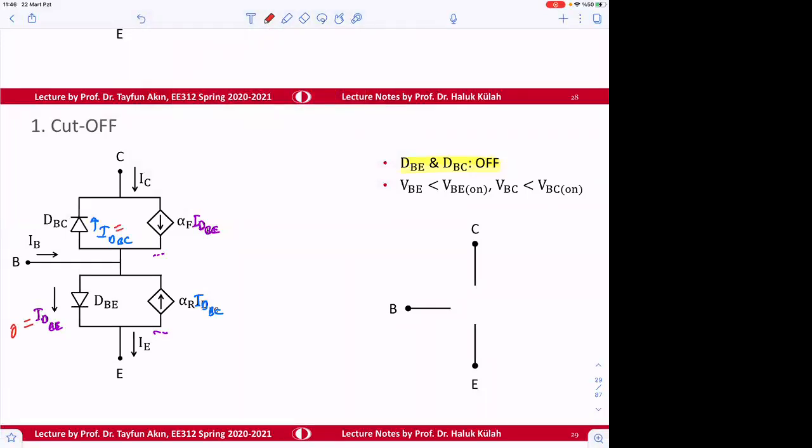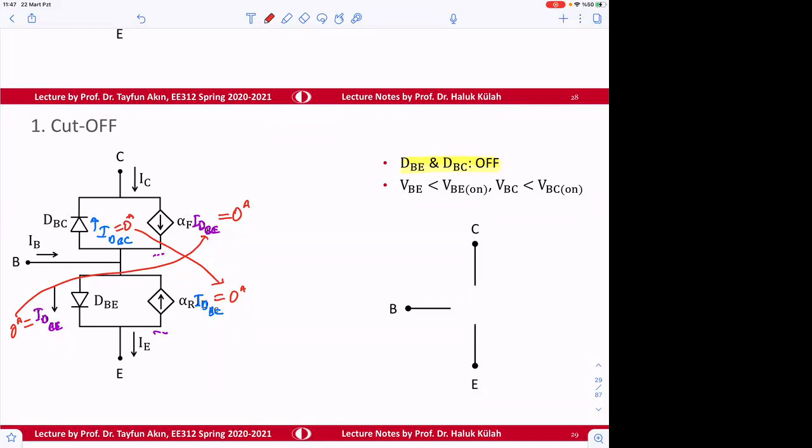And this current is going to be 0. If that current is 0, this current is 0, and then this is going to be 0. So 0 amp, 0 amp, and 0 amp. And therefore, a current source with 0 current means open circuit.